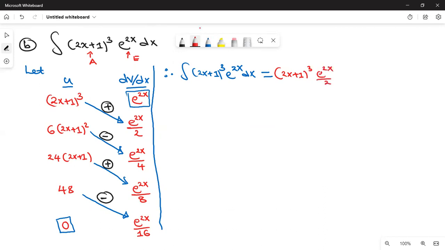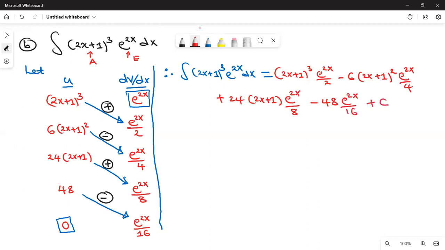The other one is minus 6 times 2x plus 1 squared times exponential 2x over 4. The other one is positive, so plus 24 into 2x plus 1 times exponential 2x over 8. And lastly, we have minus 48 times exponential 2x over 16 plus a constant c.